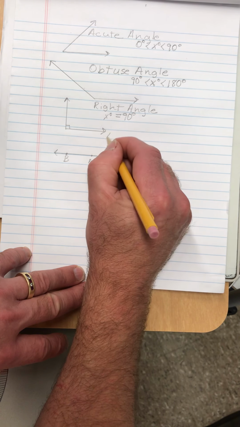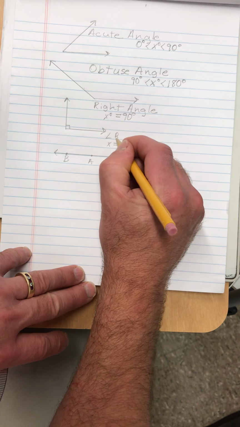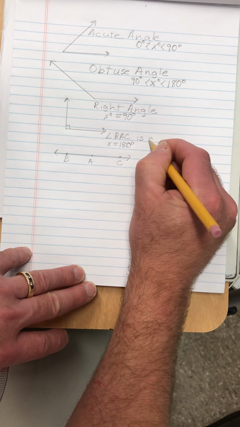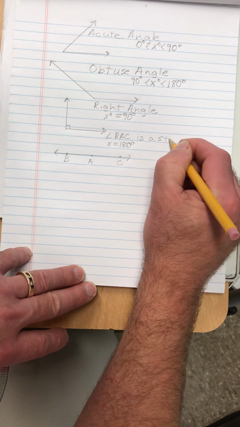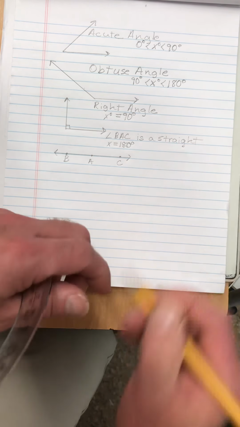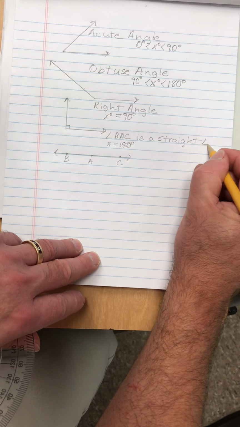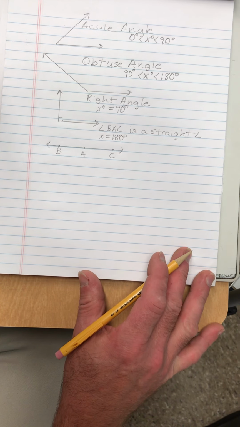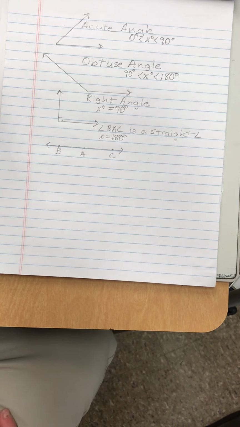And we would say angle BAC is a straight angle. I'll go ahead and use the abbreviation. Straight angle. Okay, so those are our 4 preliminary types of angles that we deal with. Okay?